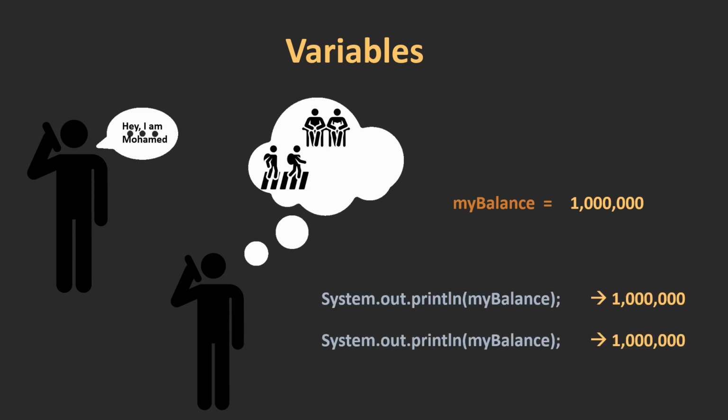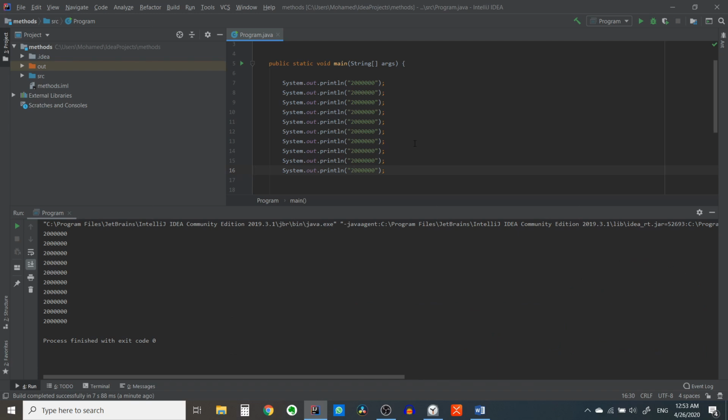And what's cool here, if you wanted to change its value anytime, you only have to change the value of the variable, and hence its value will be changed in all places it's used, rather than changing it in every single place. And that's why it's called a variable. That's because its value can be changed or varies. So back to our example, let's give a variable name to our balance.